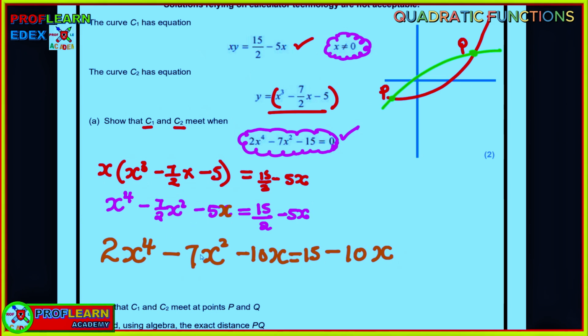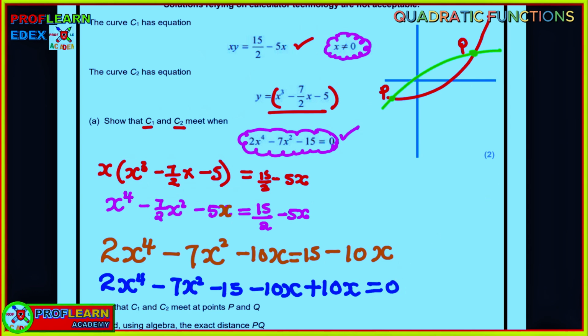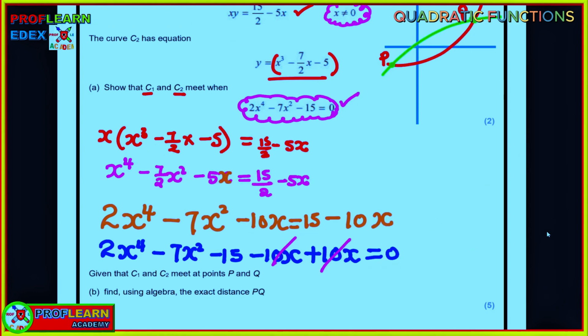Now, if we rearrange this, you can see we are going to take 10x to the other side, and 15 should go to the other side. So we're going to end up having 2x to the power 4 minus 7x squared minus 15, and minus 10x, but once it comes here it becomes plus 10x, is equal to 0, whereby these two terms are going to cancel out.